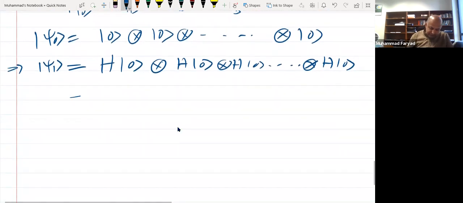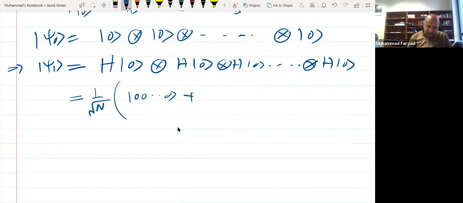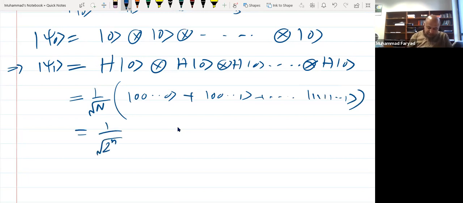And we have already seen yesterday that this is essentially 1 over square root of capital N times a combination of all possible basis states, which I can symbolically write as a sum over x, where capital N is nothing but 2^n.